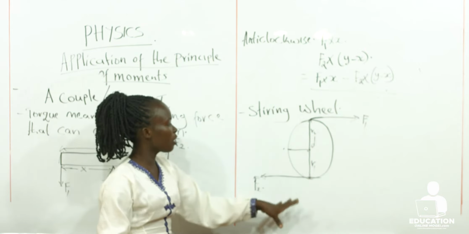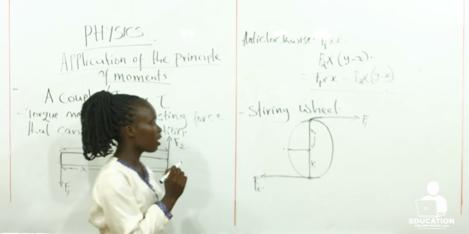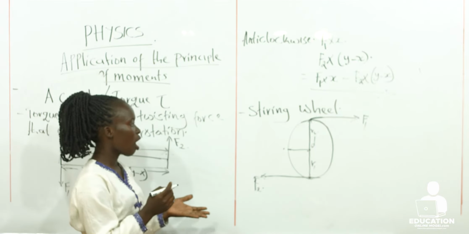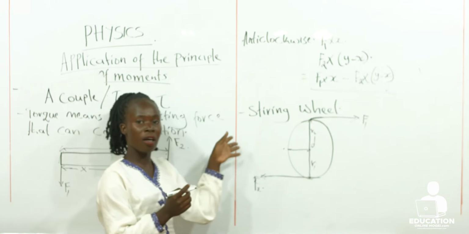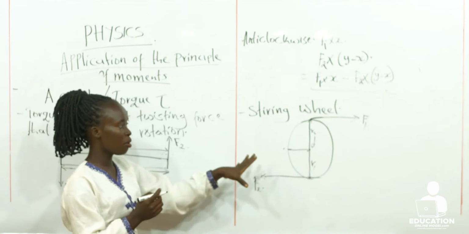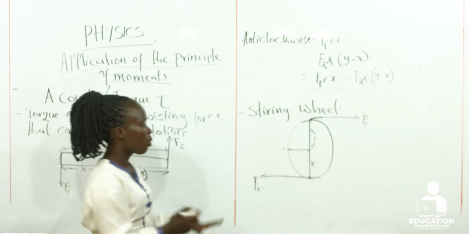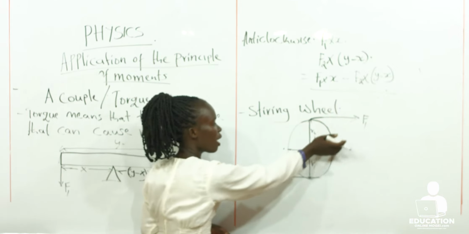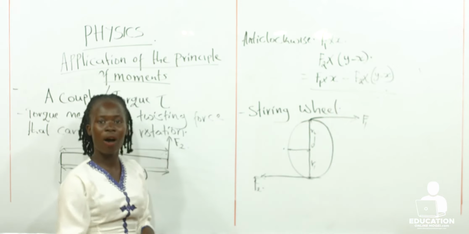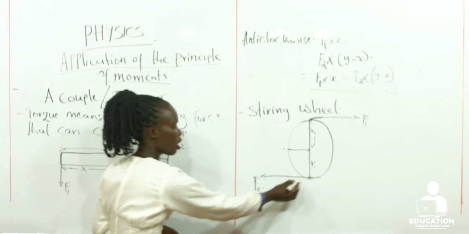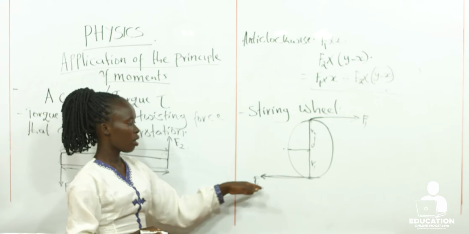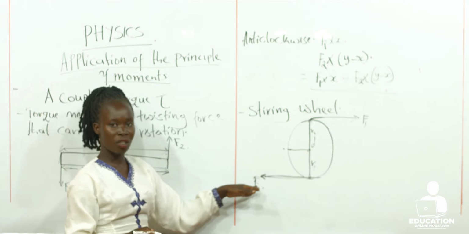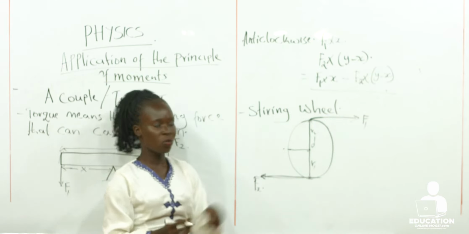We shall see how the moment of a couple is calculated from such. For now, we just want to see how you would balance your steering wheel, or bring it to stop. That means you'll have to add another force here, in the opposite direction, so that it can balance with that force.